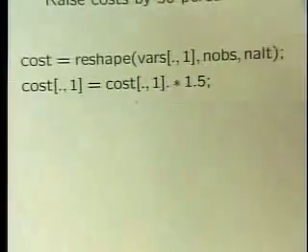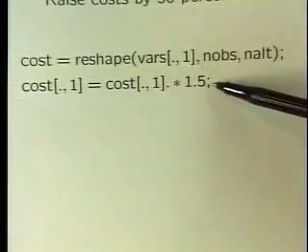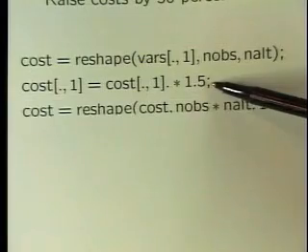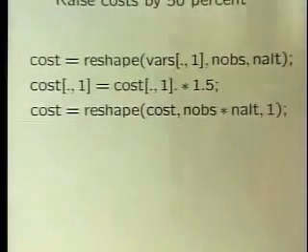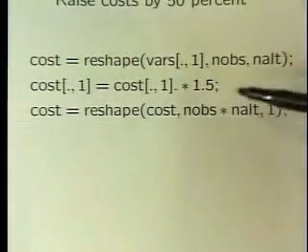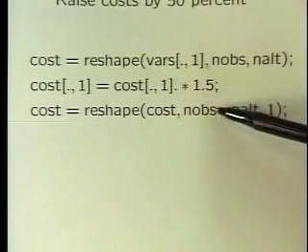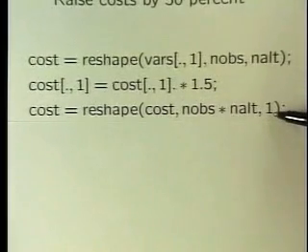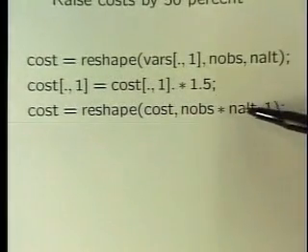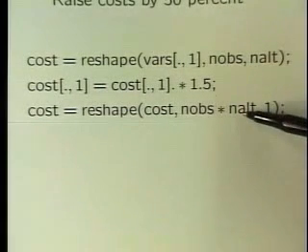Then we're raising it by 50%. You take the original cost, multiply it by 1.5, and you get a 50% higher cost. Then we reshape it again to put it back in its original form: a vector with one column and number of observations times number of alternatives rows.